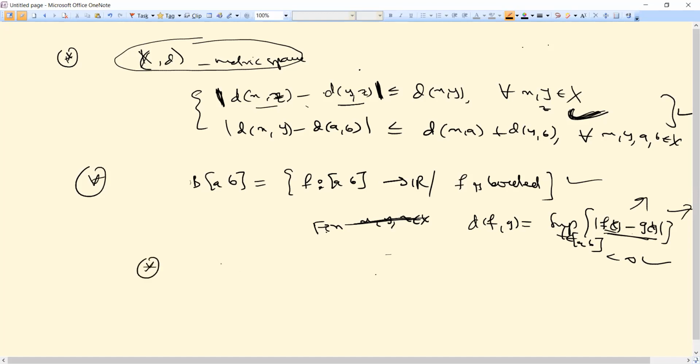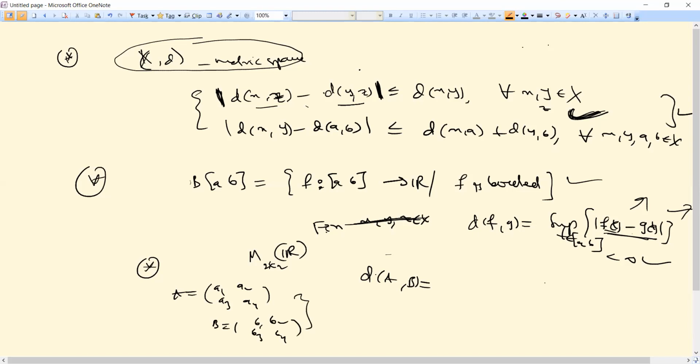Yes, sir. Right. Next, you have metric spaces. Suppose you take 2 cross 2 matrices. This looks like an NBHM question, National Board of Higher Mathematics. The distance function d(A, B) is nothing but a summation. When you are given matrices A = (a1, a2, a3, a4) and B = (b1, b2, b3, b4), suppose these are 2 cross 2 matrices, what is my metric?